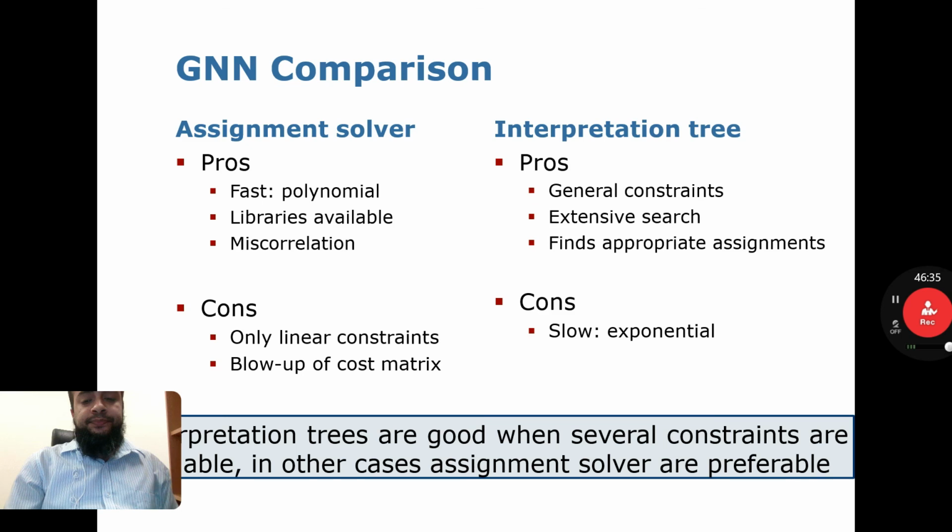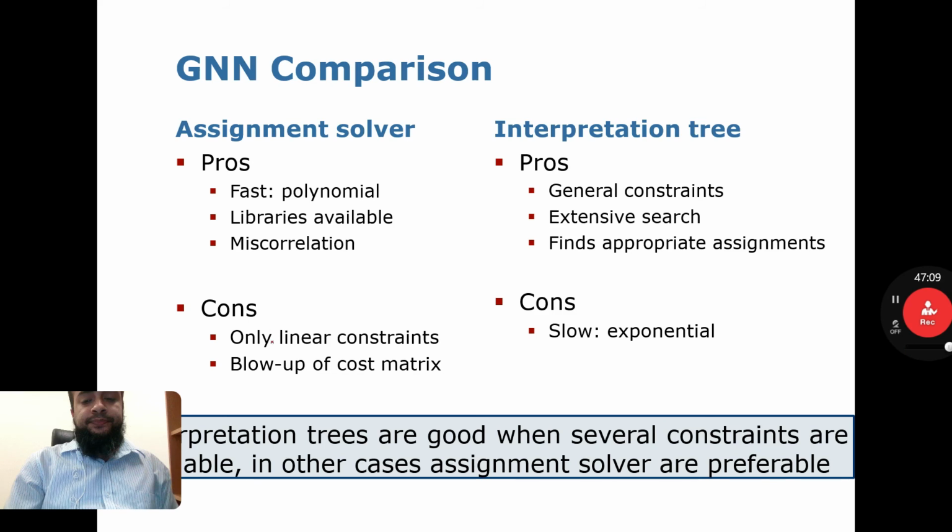So, the comparison: the assignment solver is fast, polynomial, and assignment libraries are available, but there is miscorrelation. The interpretation tree is a general constraint, with extensive search to find the appropriate assignment, but it has cons: it is slow, with exponential complexity.